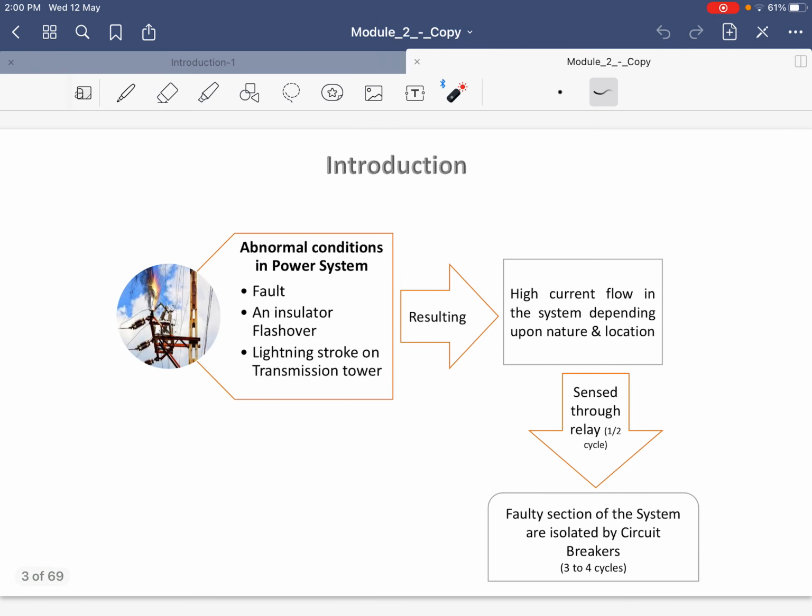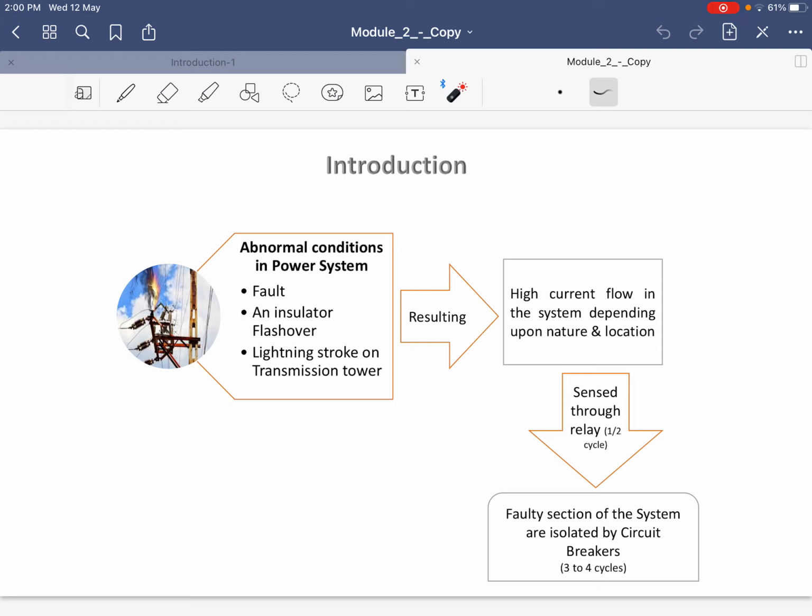The first introductory part is the symmetrical faults. In general, we know that there are some abnormalities in the power system. Normal means the system is operating in such a way that it is meeting the load with the generation and proper transmission and distribution without any abnormality in the system.